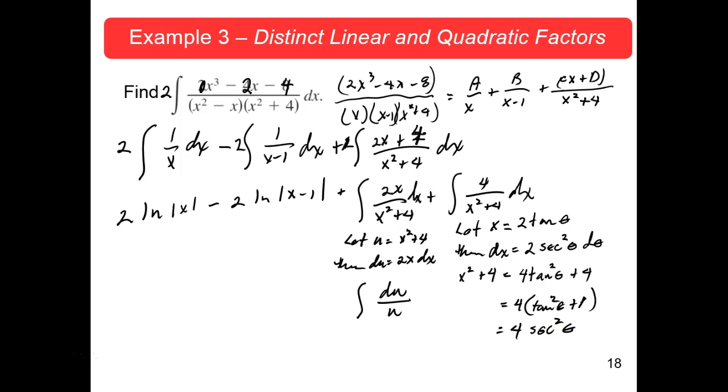Okay. Now that we got those pieces, let's do that last integral. The last integral would be the integral of 4 times, dx is 2 secant squared theta d theta, right?